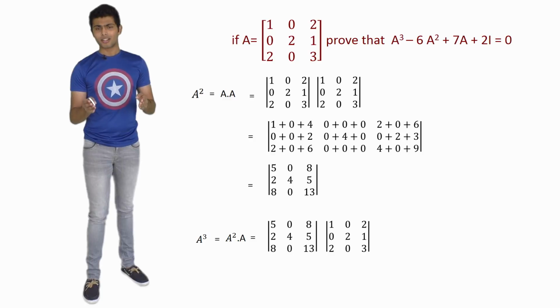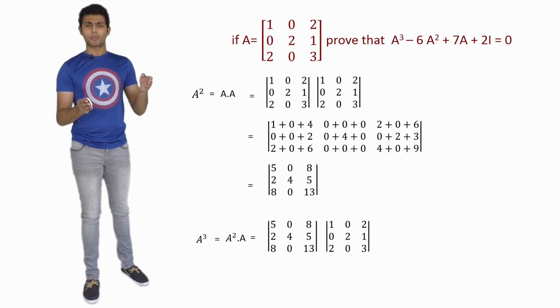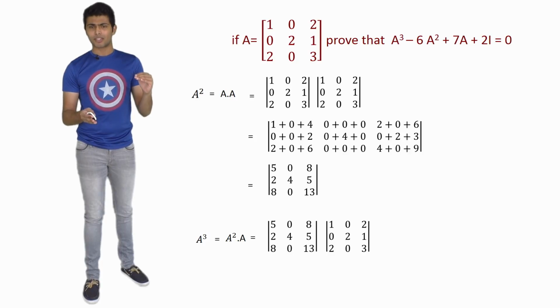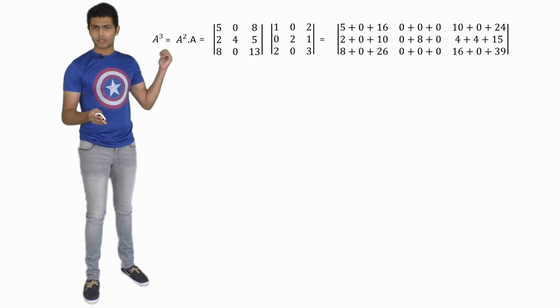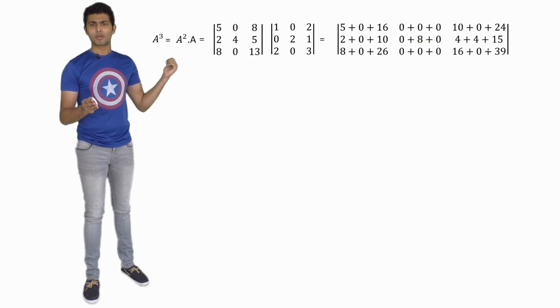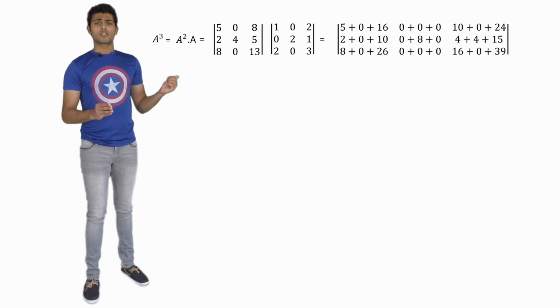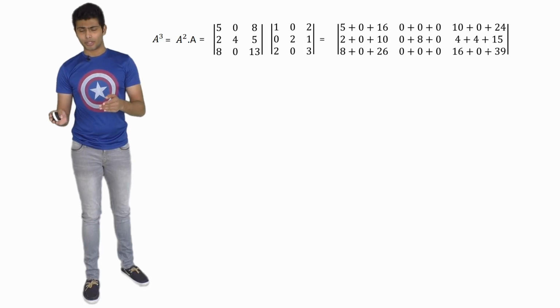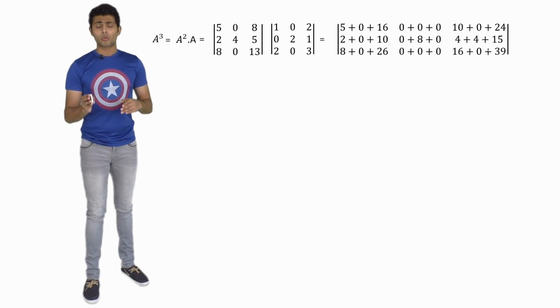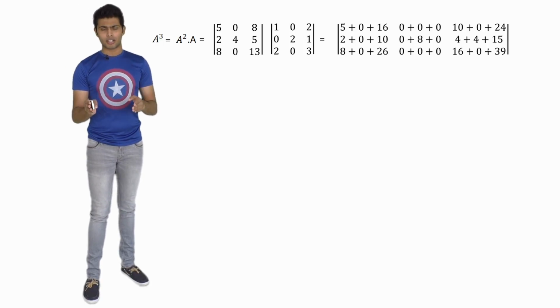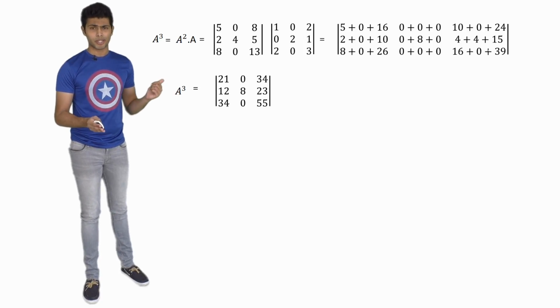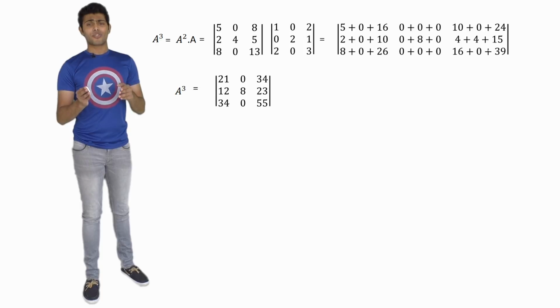Once again, we multiply the first row from the first matrix and the first column from the second matrix, and we get the first element over here, which is 5 plus 0 plus 16. Similarly we do this for every other element. Once we've solved it, we get A cube equal to this matrix over here. So we have the value of A cube now.